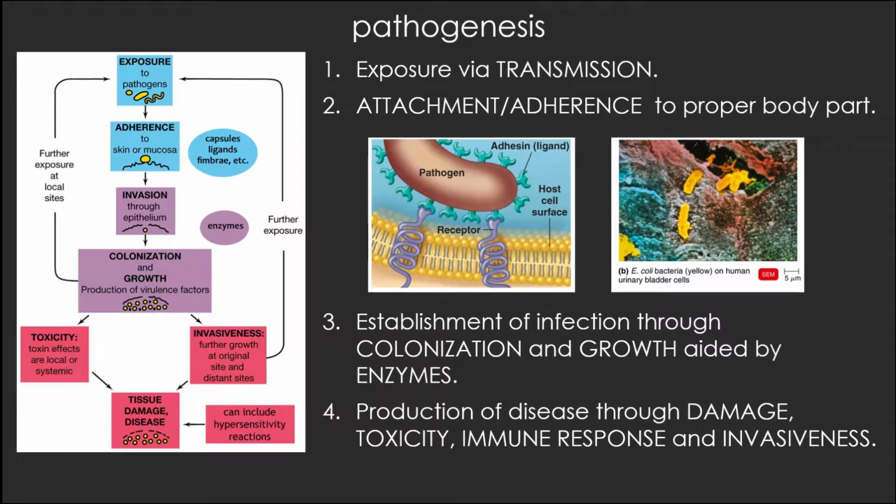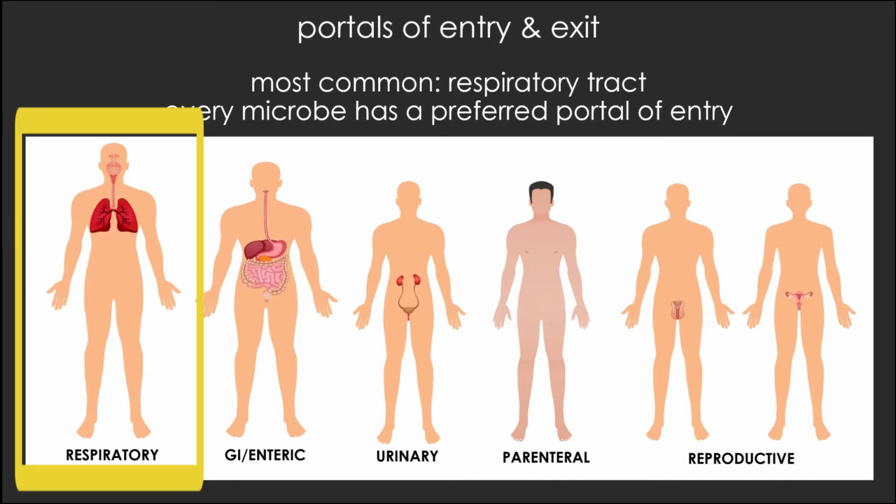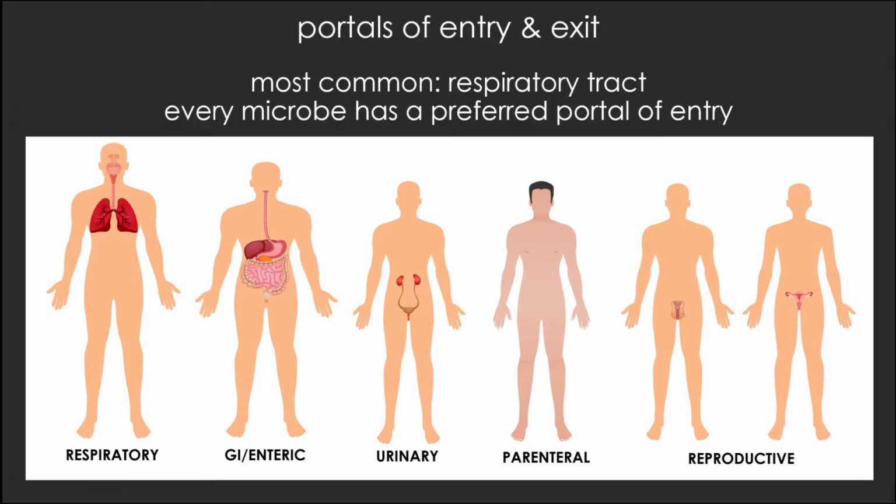The most common portal of entry is the respiratory tract, which is shown on the left-hand side of the screen. We talk about upper respiratory tract infections, URIs, and we talk about lower respiratory tract infections, LRIs.